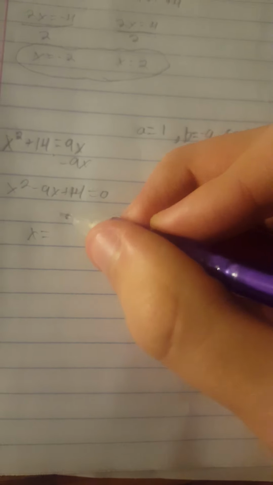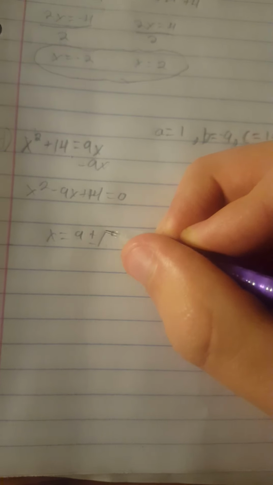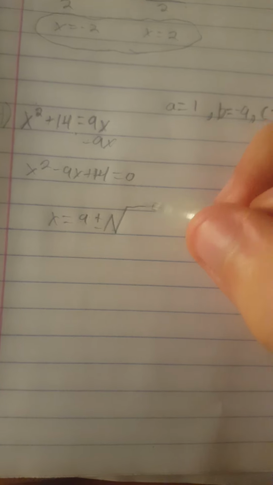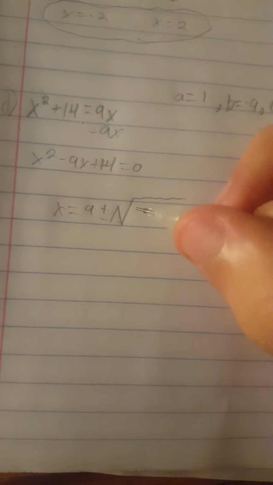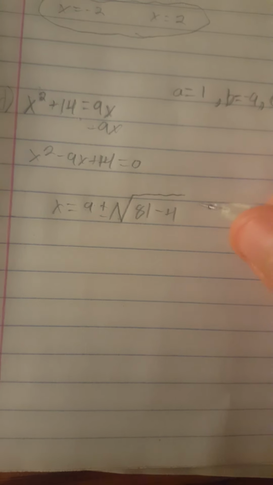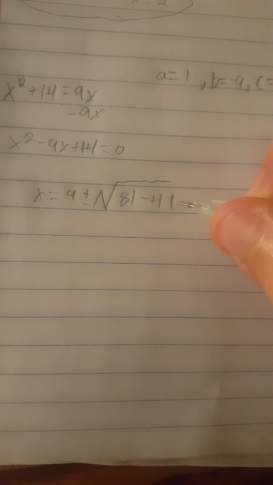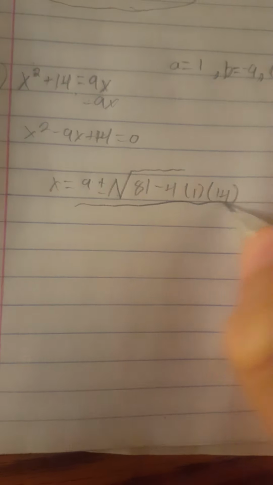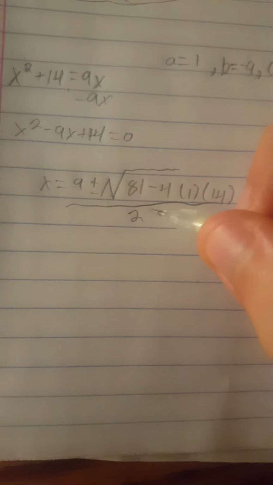So filling that out, it would be x equals positive 9 plus or minus the square root of negative 9 squared, which equals 81, minus 4 times 1 for a times 14, all divided by 2 times 1.